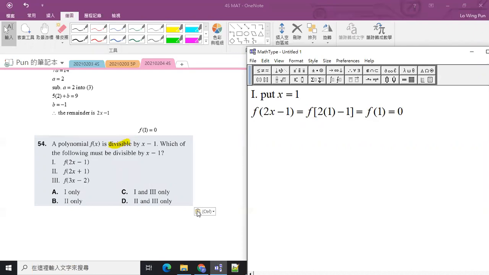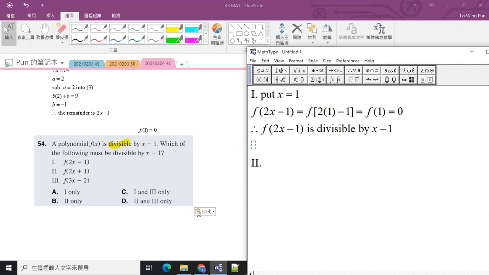So when we put x equal to 1, f2x minus 1 becomes 0. Therefore, we can conclude that f2x minus 1 is divisible by x minus 1, because when we put x equals 1 into the function, it is equal to 0. So statement 1 is true. Can you get this?